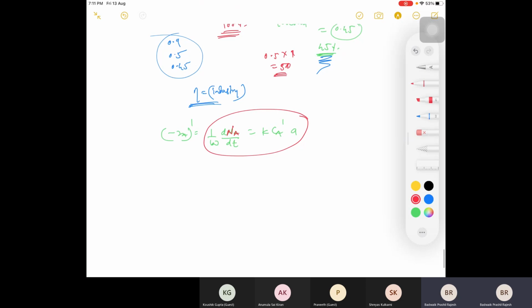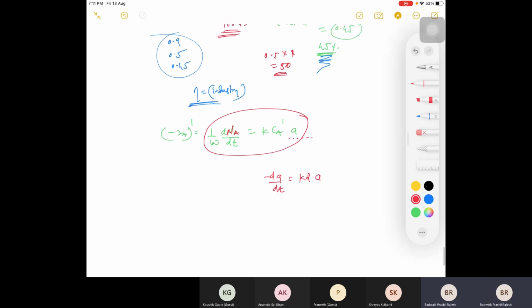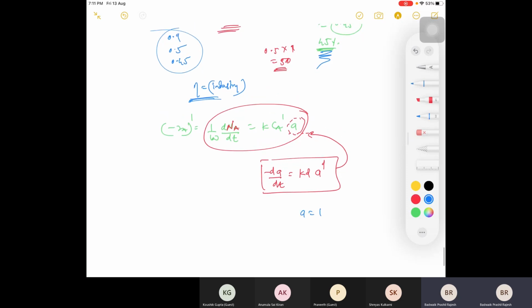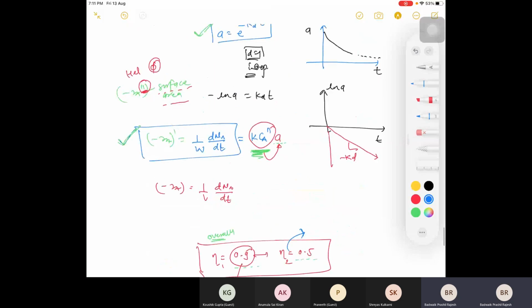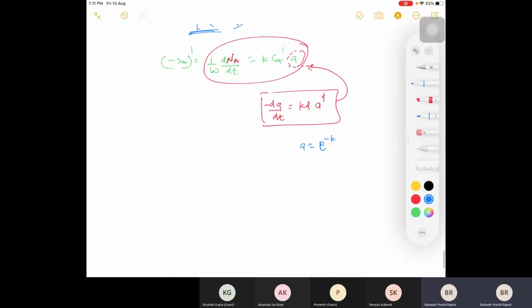But what I already did is I already calculated activity based on minus dA by dt is equal to kd into activity to the power d. So I am just substituting this value here. What I found is A is equal to e to the power minus kd into t. So this is what you can integrate with respect to time.